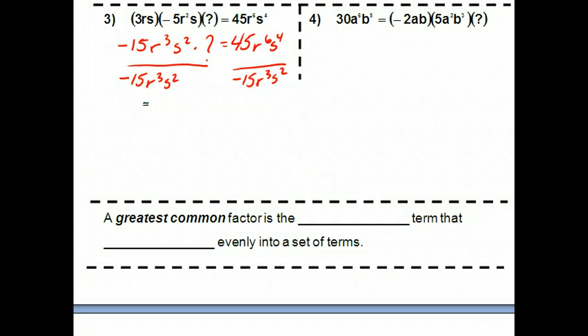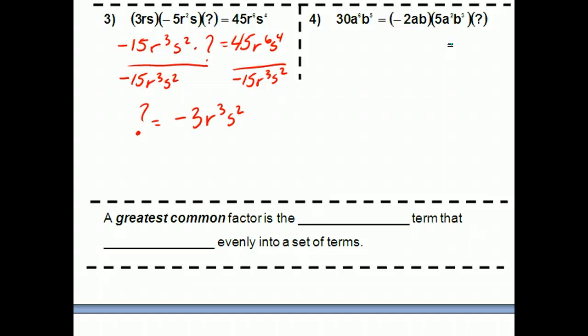Okay, and so my question mark, or the missing factor, is going to turn out to be: 45 divided by minus 15 gives me minus 3. r to the 6 divided by r cubed gives me r cubed. And s to the 4th divided by s squared gives me s squared. Okay? And I'll leave number 4 for you as an exercise. So just pause it now and give that a go.